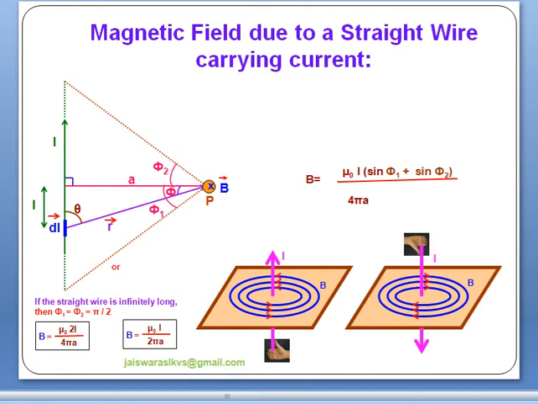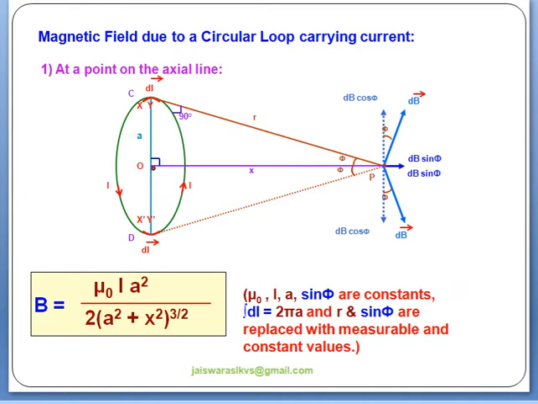So let us see the next formula, that is magnetic field due to a current carrying circular loop. What will be the strength of magnetic field at a point which lies on the axis of the circular loop?